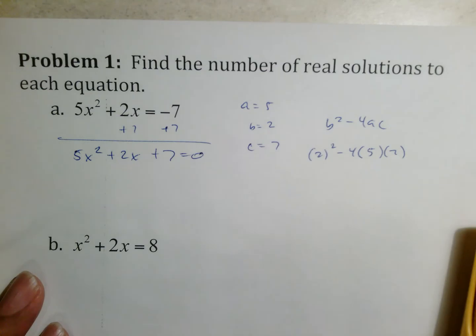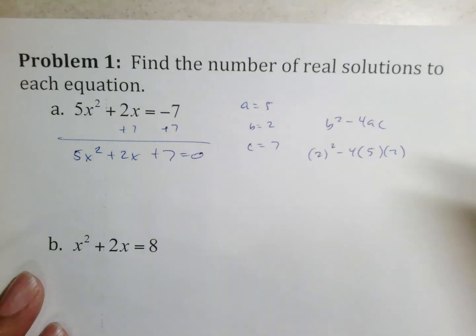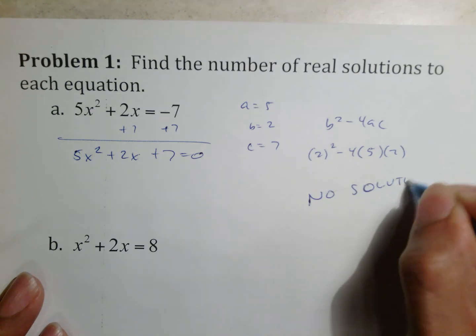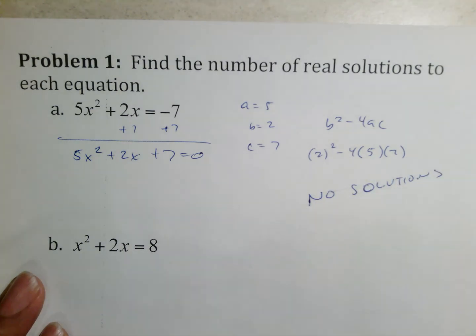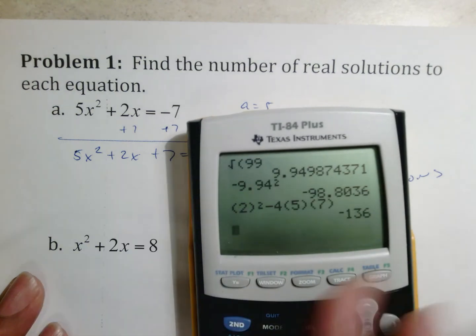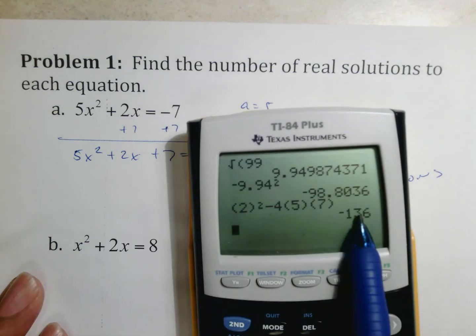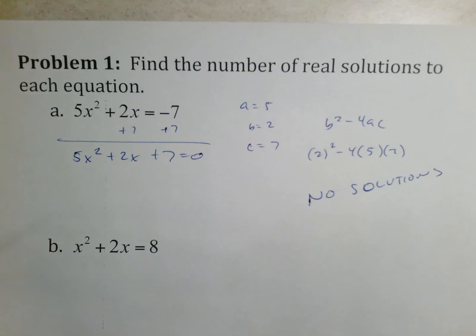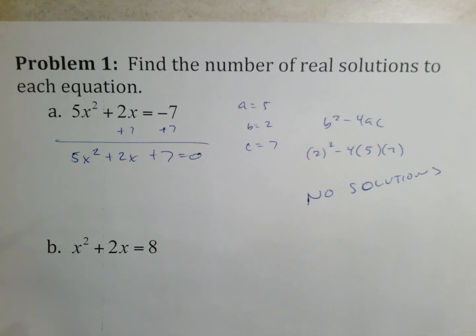You get negative 136, which means that in this case there are no solutions. Again, the reason you know it's no solutions is because if I was to put this value underneath the radical, it's going to put a negative under the radical, which means that you can't possibly get that answer. Therefore, that's how we know it's not going to work.